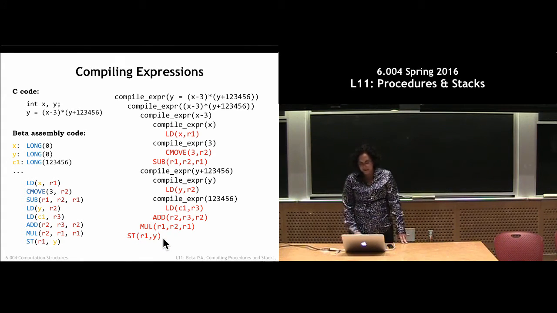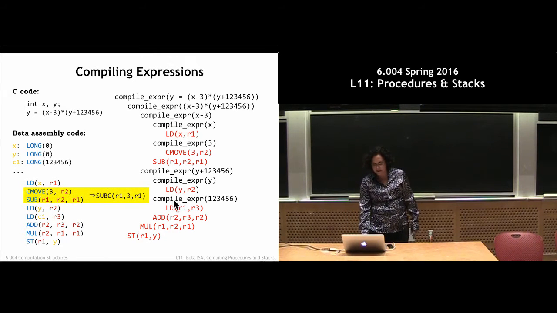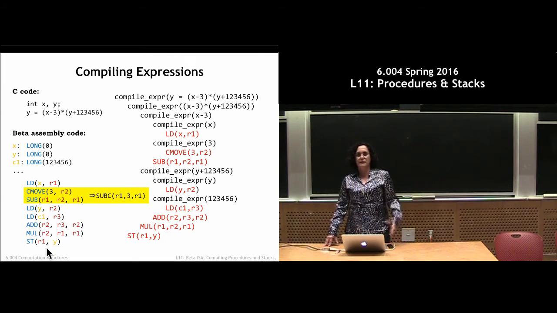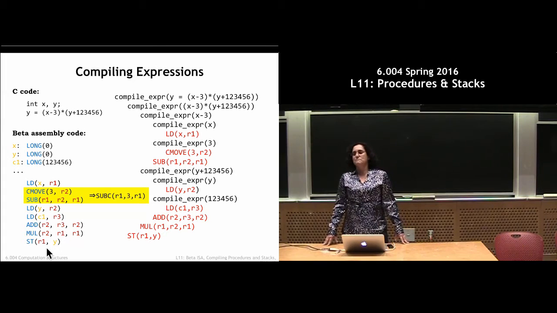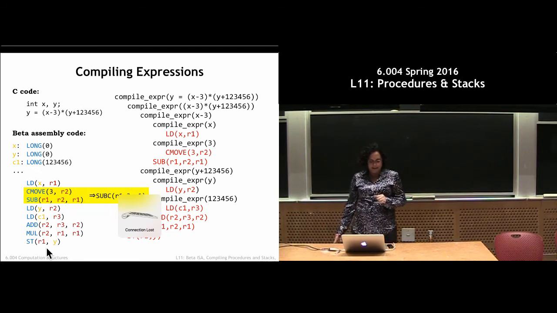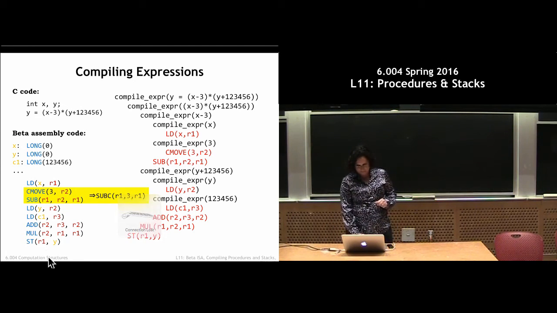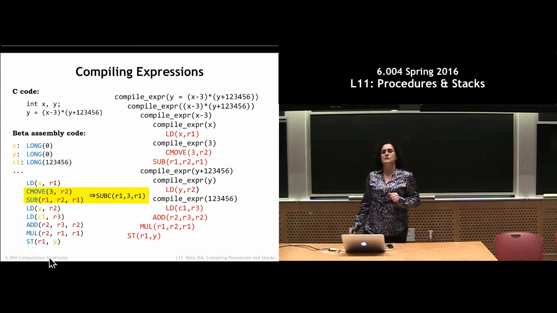If you take all of these instructions, you'll see that this is the list of instructions that we end up with after we've compiled this expression into our beta assembly. Now, highlighted here in yellow, we have a minor optimization which we can make. If you look at adjacent instructions, you notice that we have a CMOVE that's followed by a subtract instruction.